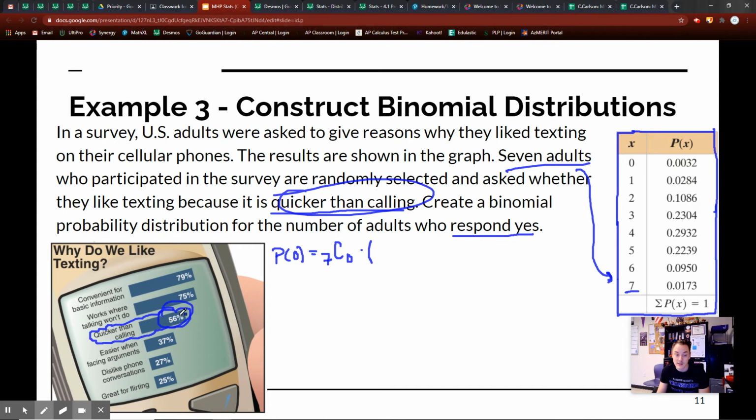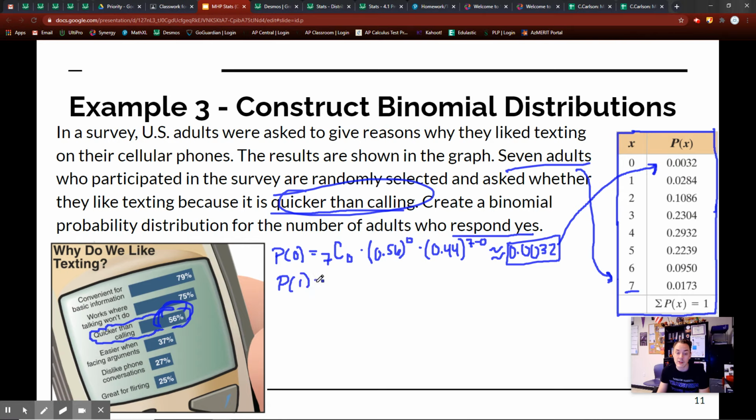Well, the success is right here, 56, so that means 0.56 to the 0 power, times the complement, which is 0.44, because 0.56 plus 0.44 is 1. So that's the complement. And then this is going to be 7 minus 0. What this gives me approximately is 0.0032. But this is exactly what we got right there. That's how I would do it.